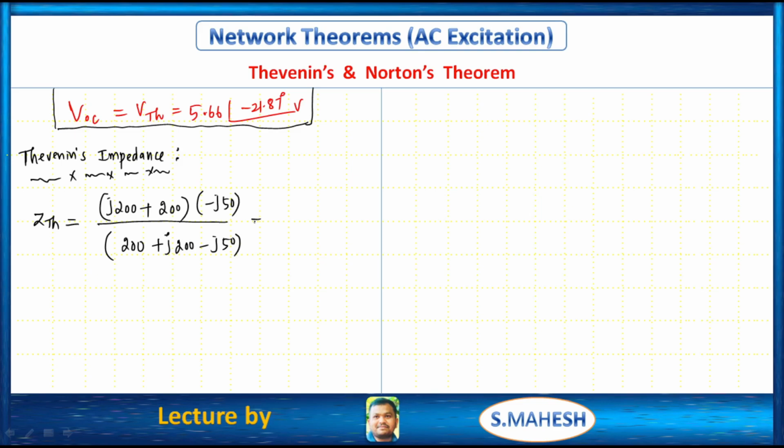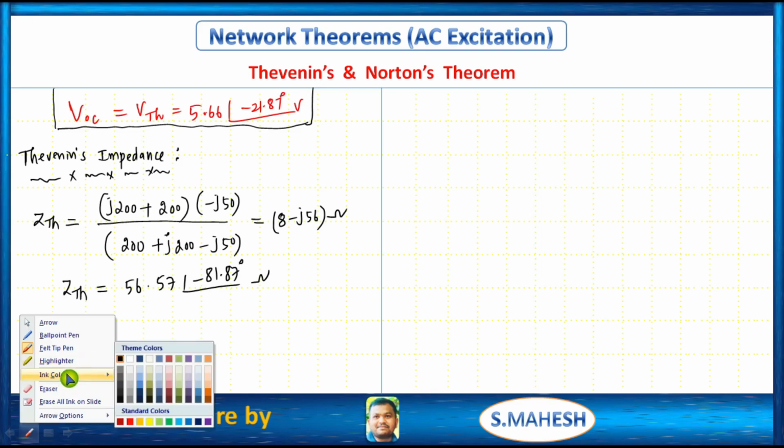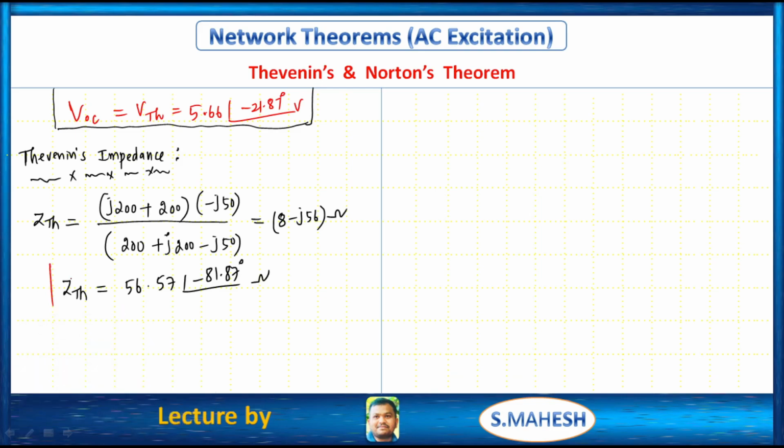From this we get 8 minus J56 ohms in rectangular form. After converting it into polar form, ZTH is equal to 56.57 at an angle minus 81.87 ohms. This is the value of Thevenin's impedance. So we got Thevenin's voltage and Thevenin's impedance.